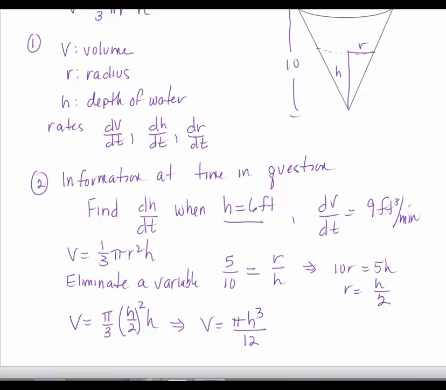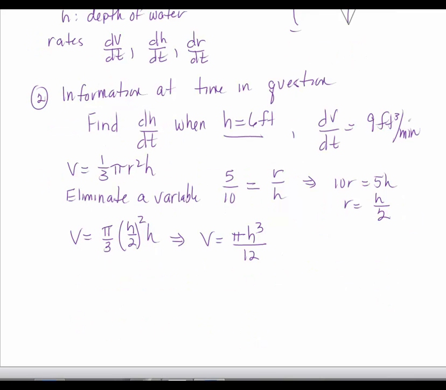When you simplify, you've got H squared times H, you square the 2 and multiply by the 3. Or even nicer, we can write that as V equals pi over 12 H cubed.